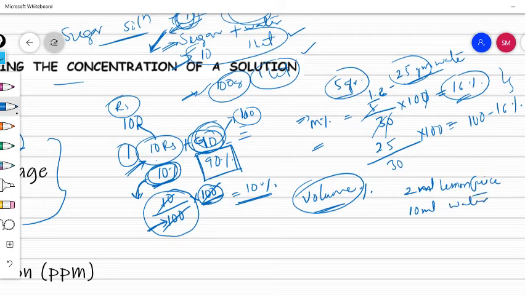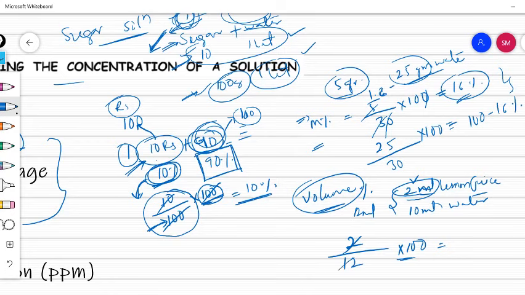So the solution will have a total of 12 ml. The volume of the solute is 2 ml, and the total volume will be 12 ml. So the percentage will be 2 by 12 into 100.